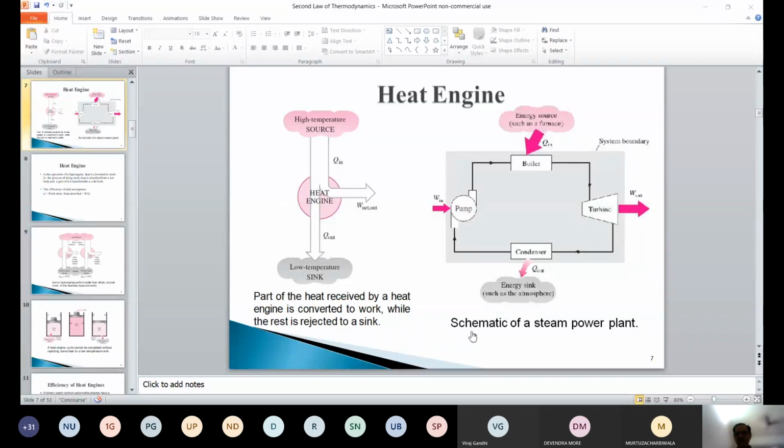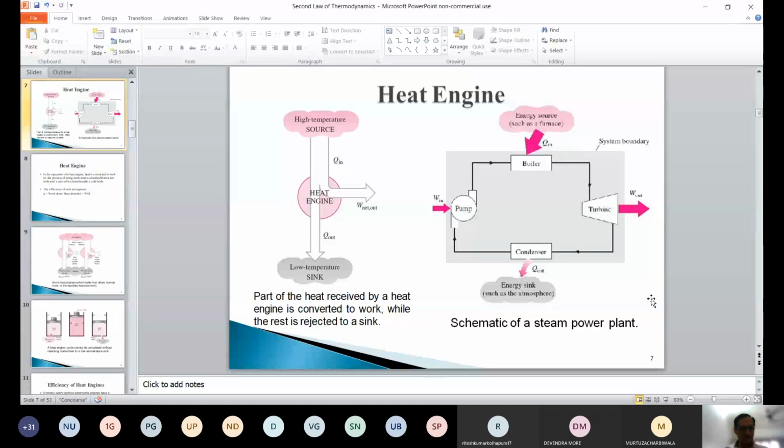You can chat or you can show hands. Sir, pressure will increase in the condenser. Okay, that's what he is saying, sir, right, Murtaza? Because the temperature decreases, it condenses, therefore. Right.